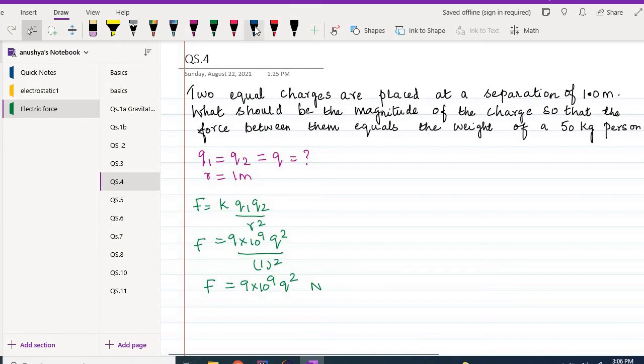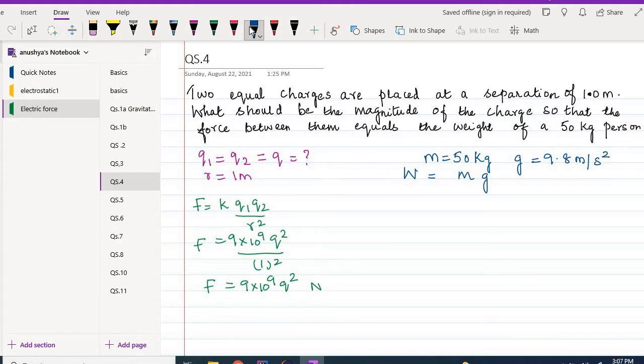The next given thing is that mass is equal to 50 kg. We know weight is equal to m into g, where g is the acceleration due to gravity, so g is equal to 9.8 meter per second square.